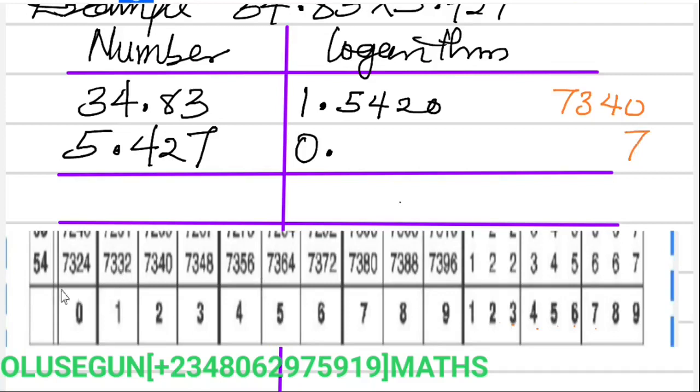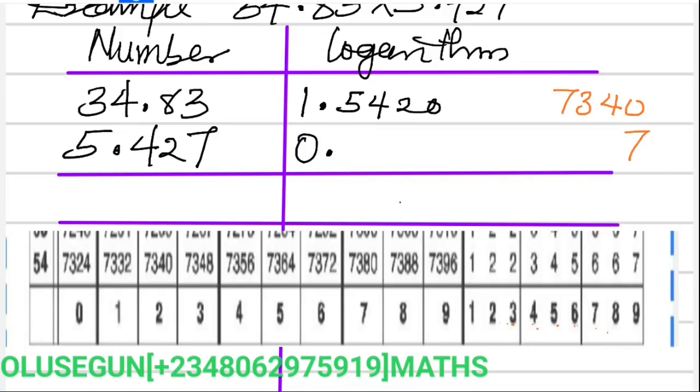Let's find it again to get it better. 54 under 2 is 7340, onto difference 7, which is 1, 2, 3, 4, 5, 6, 7, making 7.